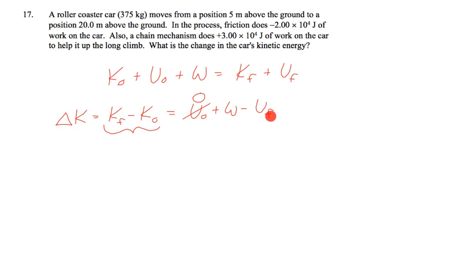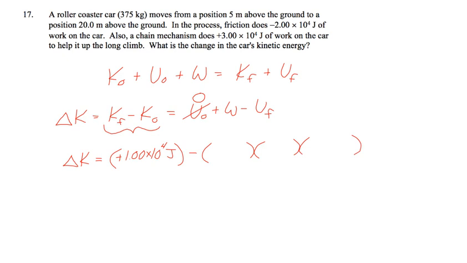So solving, we will have the change in kinetic energy is going to equal the net work. So the net work, we got plus 3 and minus 2. So the net work is going to be plus 1.00 times 10 to the 4th joules. That's the net work that's happening here. And then I'm going to subtract mgh.